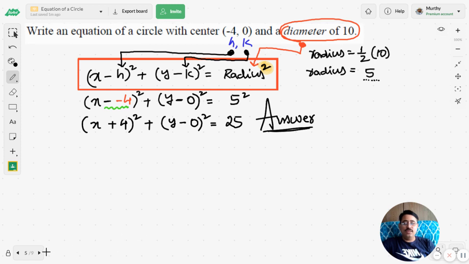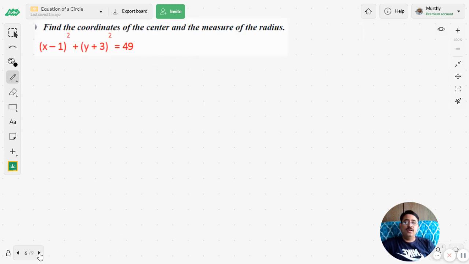Okay, so let's go to the next question. Find the coordinates of the center and the measure of the radius. So here, we are going to work backwards because the equation is already given and we have to find the center.